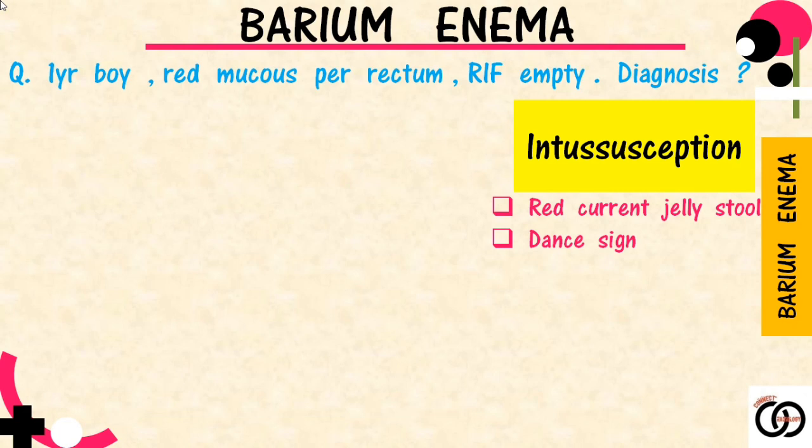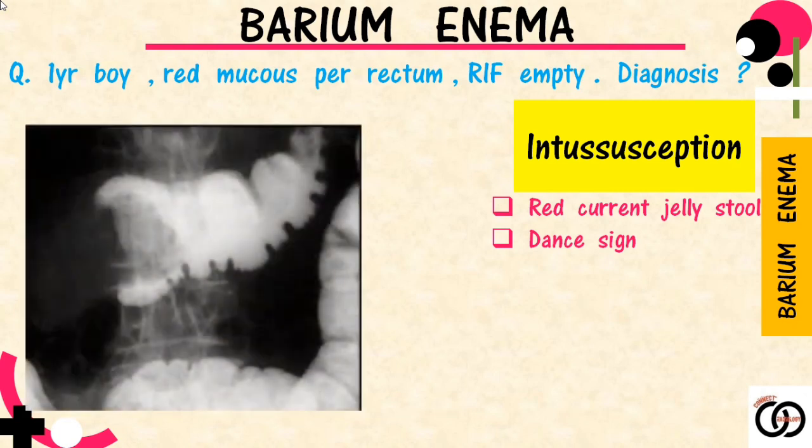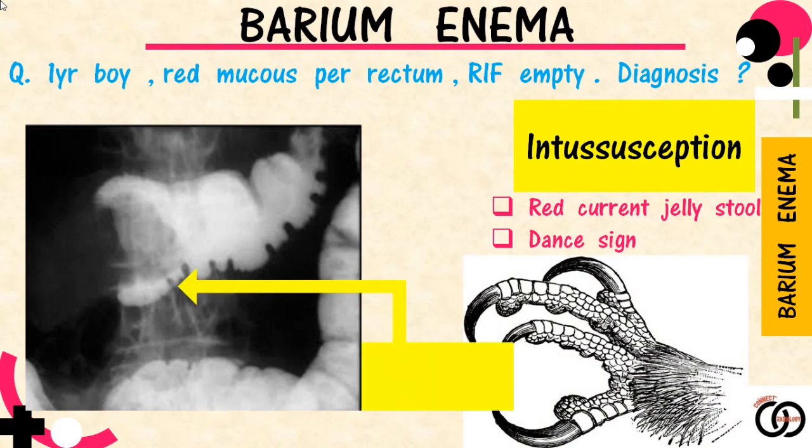Now, we did his barium enema. Why? Because barium enema is both diagnostic and therapeutic. Therapeutic enema can also use pneumatic reduction, that is using air. Now see this diagram. Appreciate the claw sign or the pincer sign of intussusception. This is due to the arrest of barium at a cylindrical filling defect with a thin rim of barium on either side.